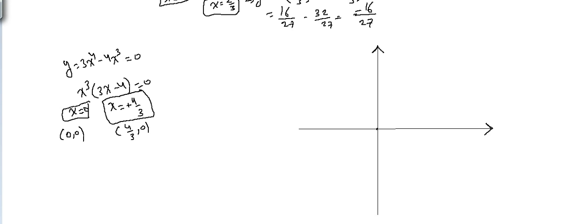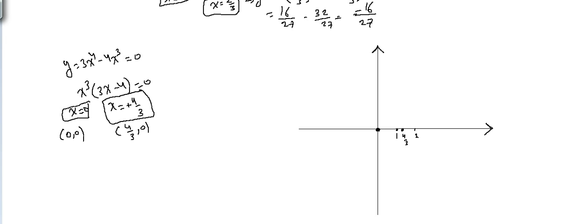As we can see, we have 0, 0 point of intersection. Let's make it first. We have 4 over 3, 0. What is 4 over 3? This is 1. This is 2. 4 over 3, it's 1 and 1/3. This is 4 over 3.